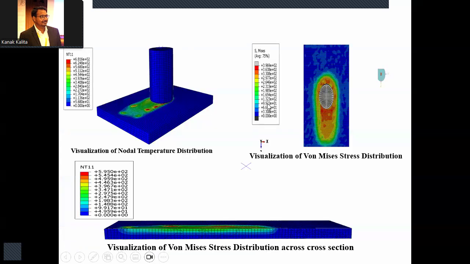These are some sample images of how the distribution looks. This is a distribution of the nodal temperature. This is a distribution of the stress, as seen across the cross section.